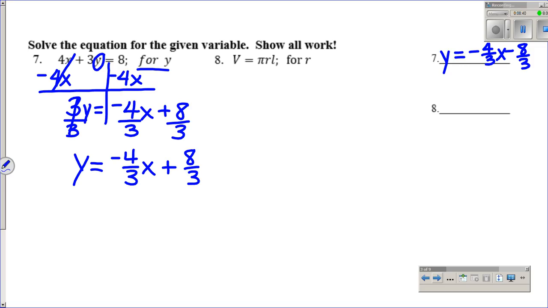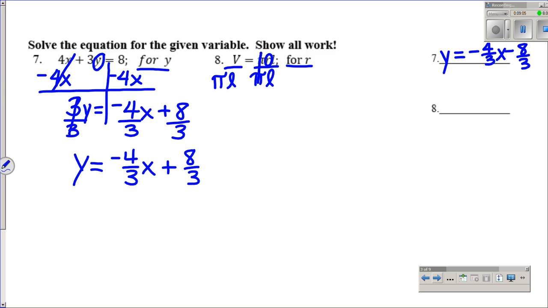Okay, number 8, we have v equals pi times r times L, and they're wanting us to solve for r. So the r is being multiplied by the pi and then times the L. So to undo multiplying, we just divide out the variables we need to move to the opposite side. So we'll divide by the pi L on both sides of the equation.